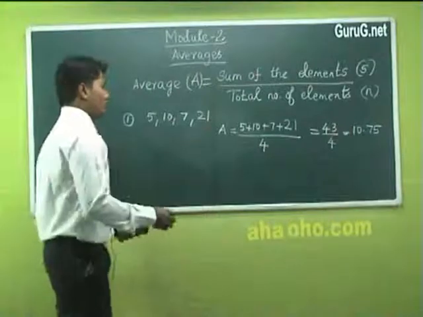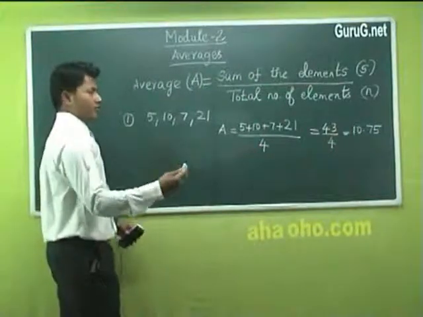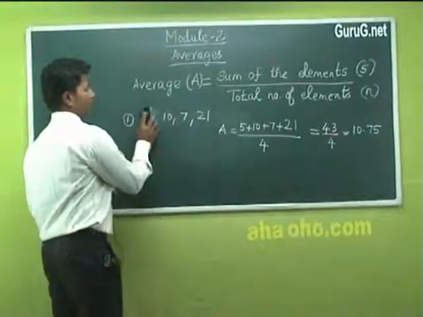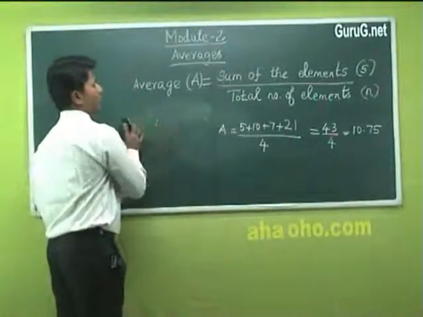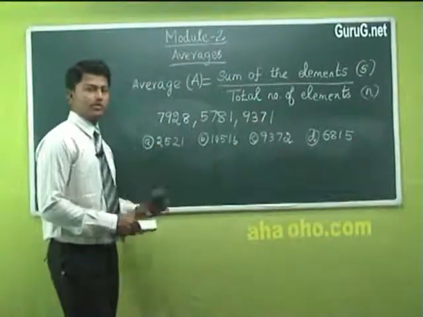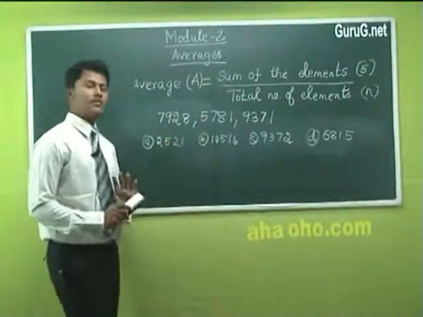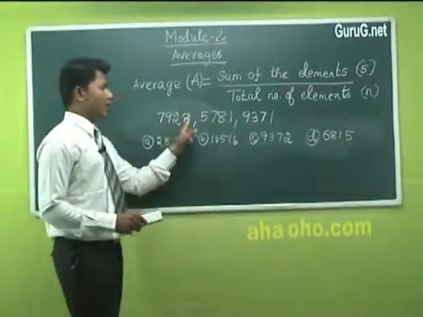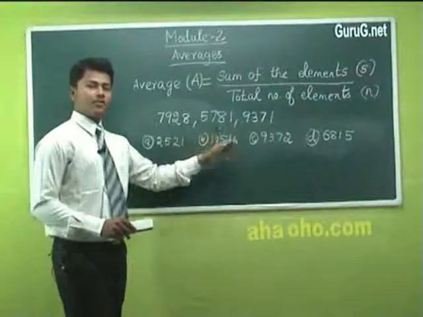Based upon this fact, I'll tell you an interesting problem. Now you are asked to find the average of these values, and they are larger in magnitude. If you want to apply your mathematical approach, you need to add all these elements and divide.